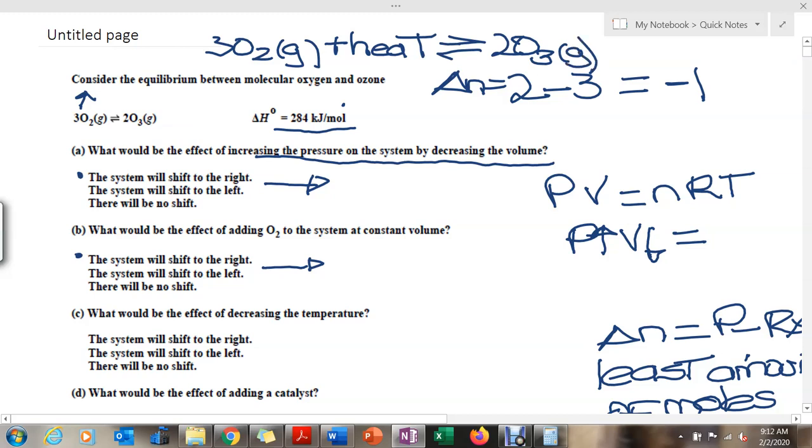So what is going to happen if you increase the heat? The reaction will shift to the right. But if you decrease heat, like in this case, by decreasing the temperature, the equilibrium will shift to the left.